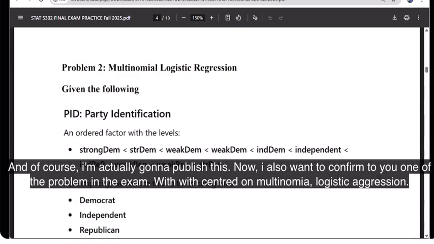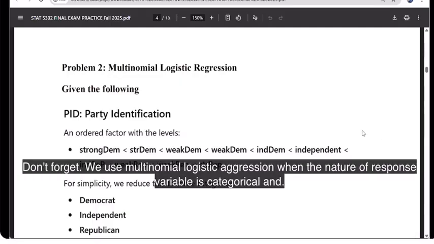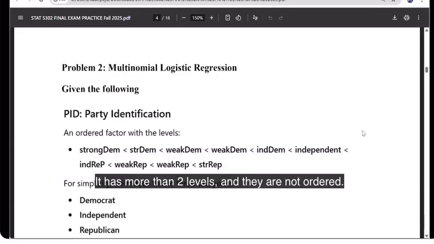Now, I also want to confirm to you that one of the problems in the exam centers on multinomial logistic regression. Don't forget we use multinomial logistic regression when the response variable is categorical and has more than two levels that are not ordered.